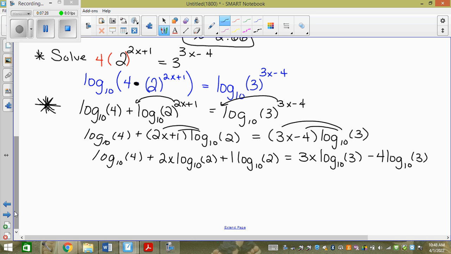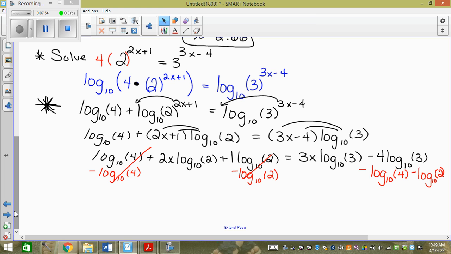Okay, what was my next step after I distributed? Move the x's to one side. Move the x to one side, everything without an x to the other side. So I'm going to subtract log base 10 of 4 and subtract log base 10 of 2. And then I'm going to subtract 2x log base 10 of 2.